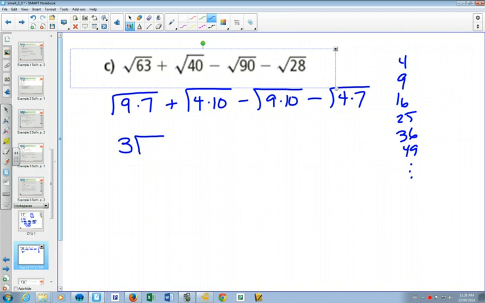It's 3. Square root of 63 is part of the square root of 7 family. It's 3 of them. Square root of 40 is part of the square root of 10 family. It's 2 of them. We had that on our diagram, right? We drew a square root of 10. You can imagine that length. You have 2 of those.